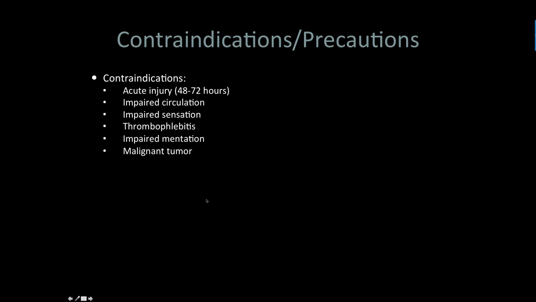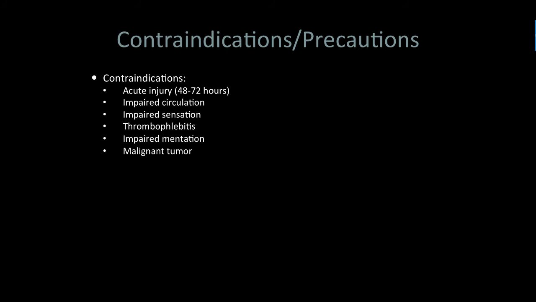Okay, so contraindications. Contraindications to heat are an acute injury, so something in that 2 to 3 day time frame. Someone who has impaired circulation, with problems with circulation, they're not going to be dissipating the heat as well, so you're liable to cause a burn. Same thing for sensation; they're not going to be able to feel the heat, so there's the possibility of causing a burn.